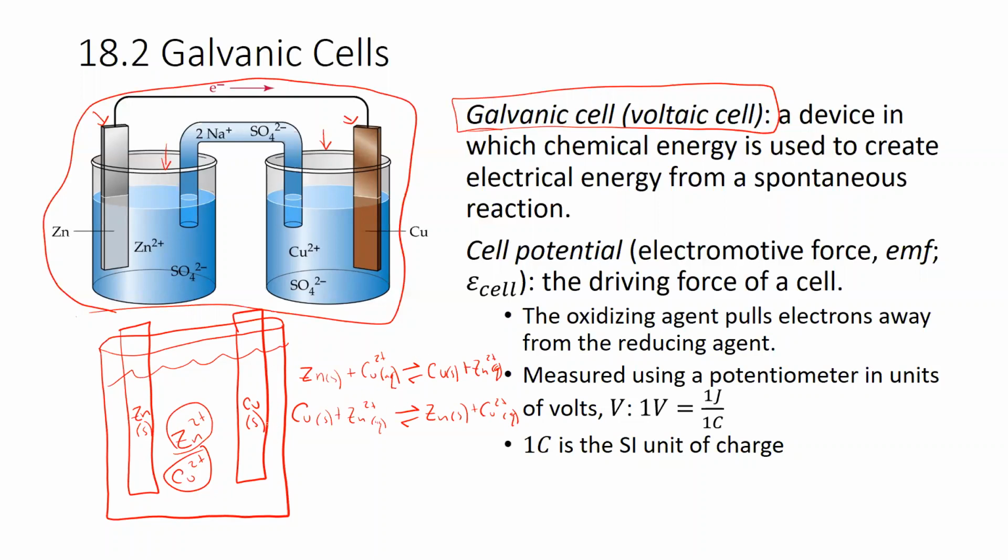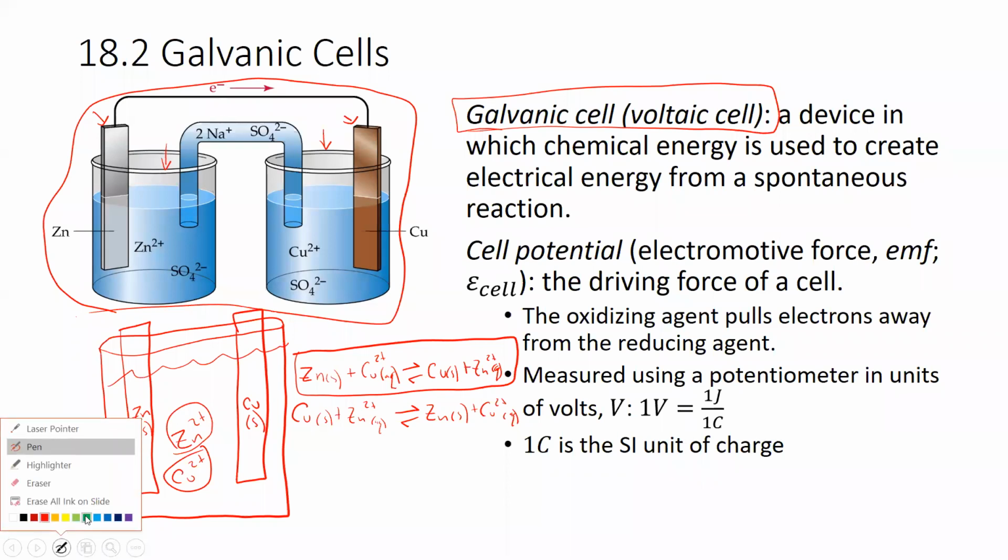It turns out the one that occurs spontaneously is the one whereby the zinc solid becomes oxidized, and the copper 2+ becomes copper solid. The way that would work is the copper would plate out on the zinc metal.